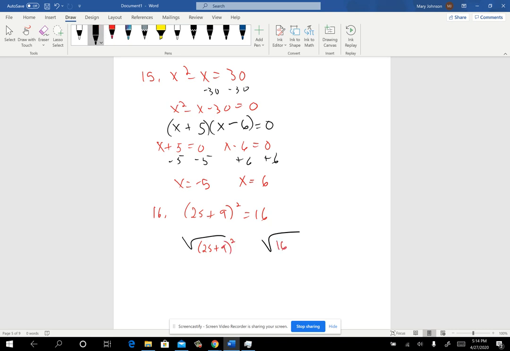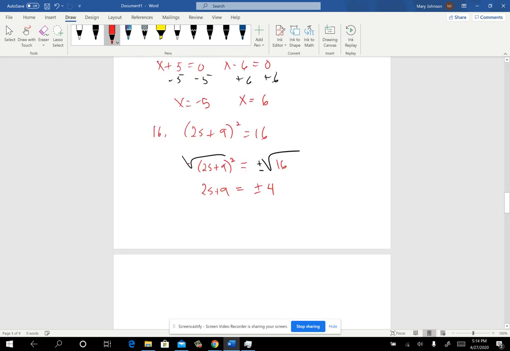When you do that, don't forget to take both the positive and the negative square root of the 16. So the square root and the squaring undo each other, and we get 2s plus 9 equals positive or -4. So either the 2s plus 9 equals 4, or the 2s plus 9 would equal -4.